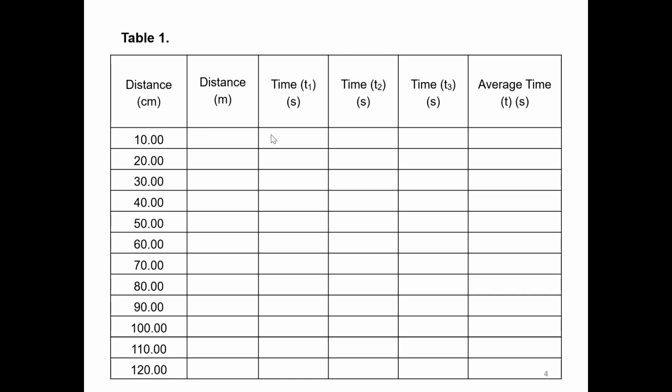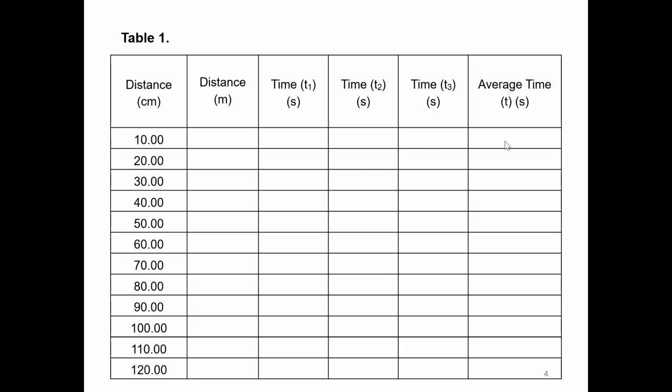Also, we will measure the time for each distance three different times. There are three trials we will take for each distance. And then we will write the time in each case in these columns.